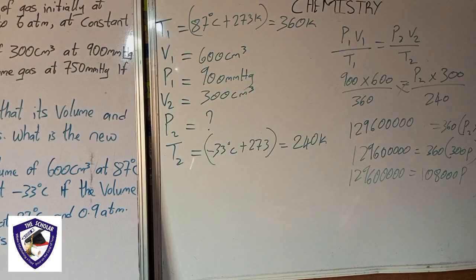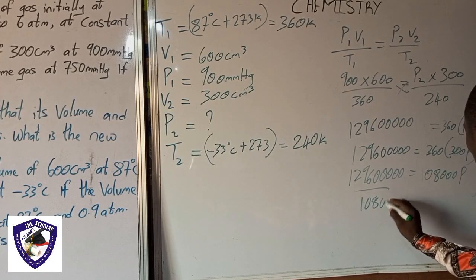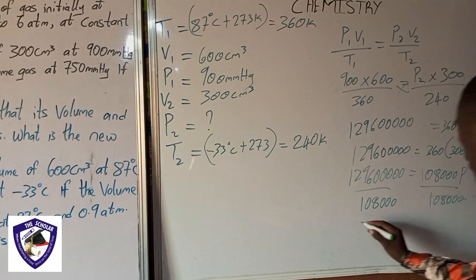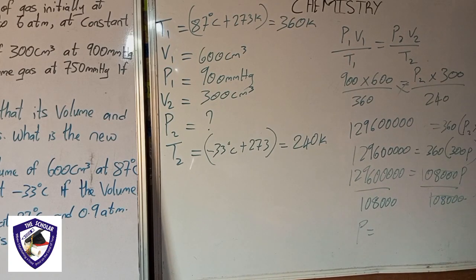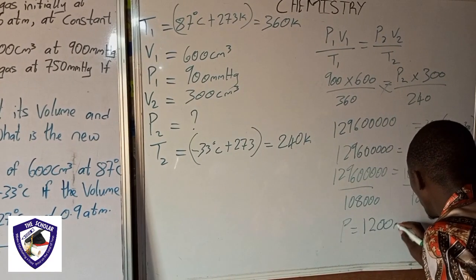So we are going to divide both sides by the coefficient of what? Of p, which is 108,000. Divide this by 108,000. So we have our p equal to 1,200 millimeter mercury.